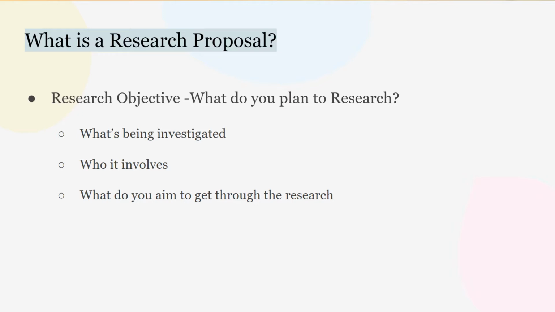It should make it clear exactly what you plan to research and in what context. So you need to include what's being investigated, who the research involves, who are the people with whom you are conducting your research, and what you aim to ultimately get through the research.